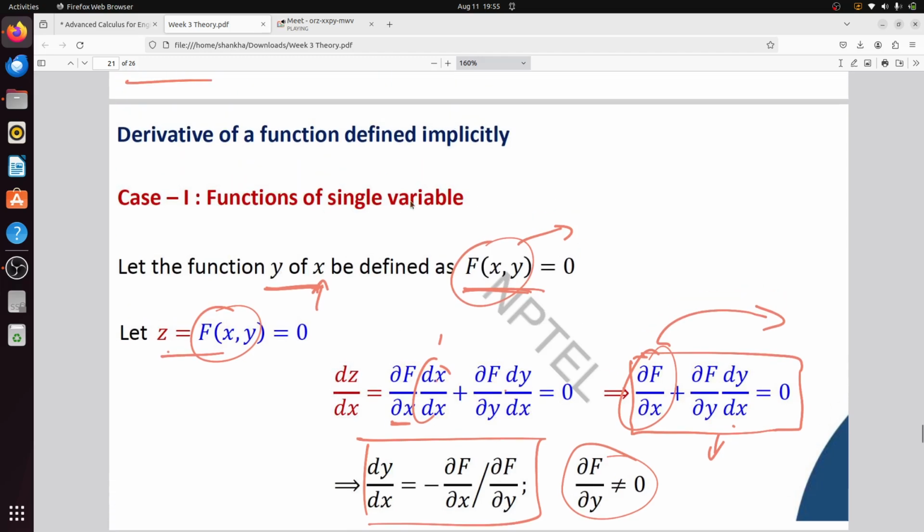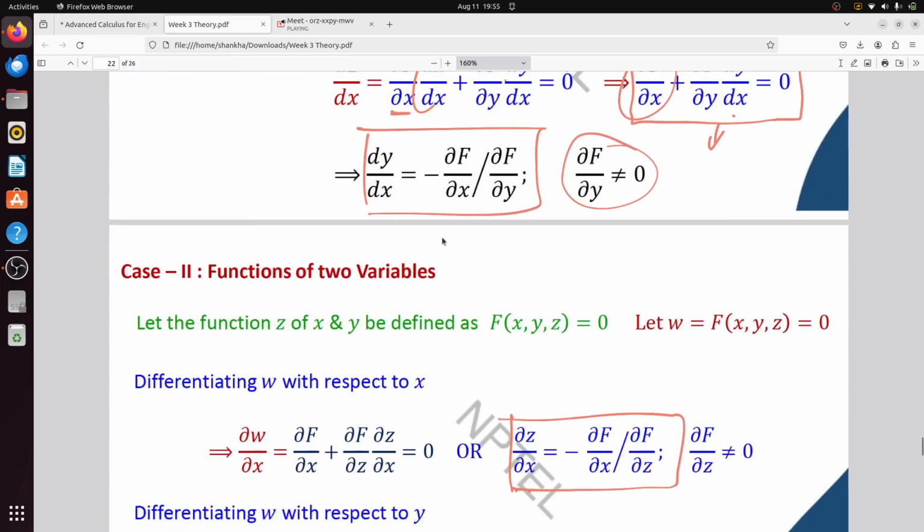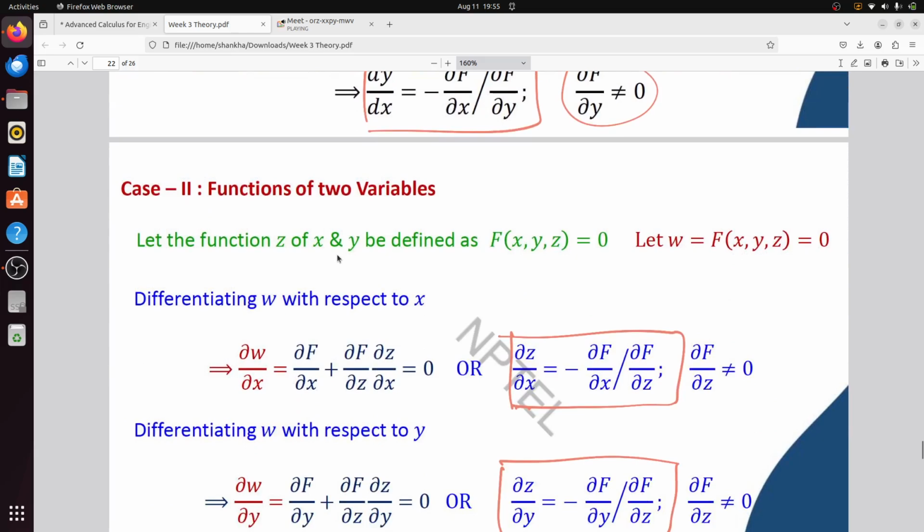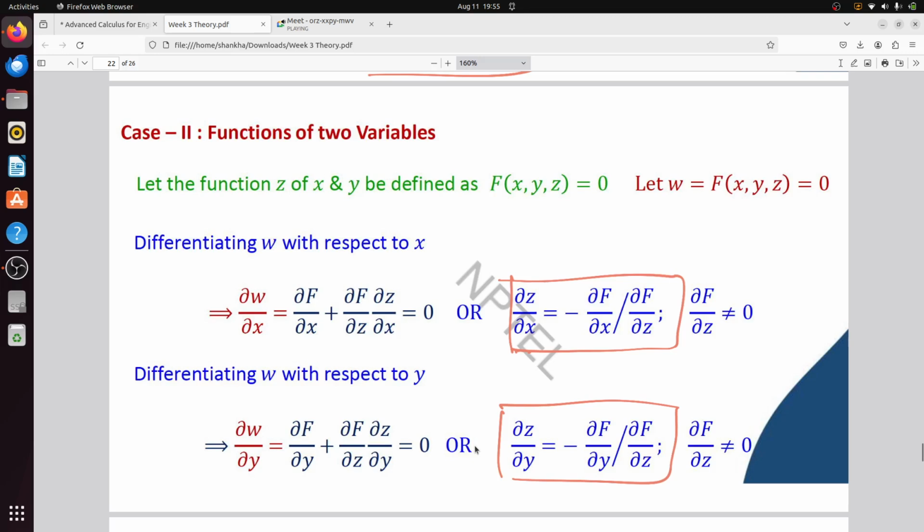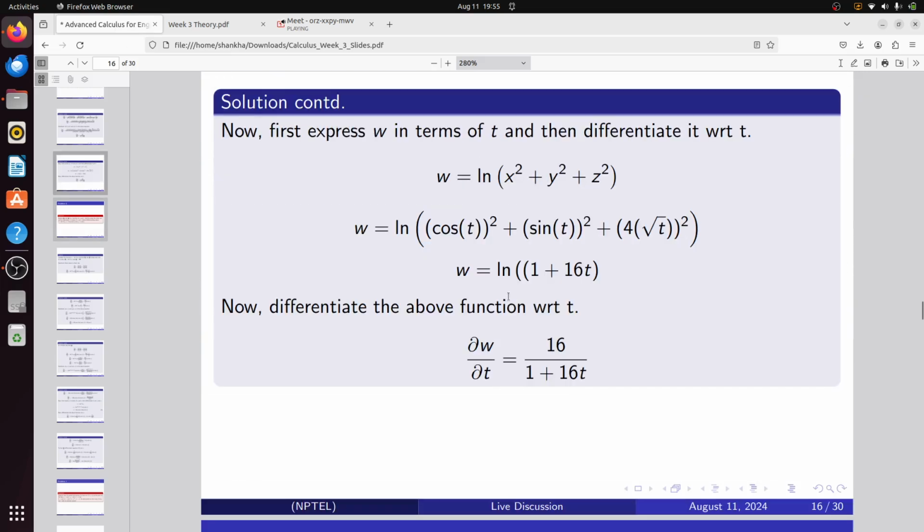So this is the derivative of a function defined implicitly, a function of a single variable, right? For a function of two variables, let the function z of x and y be defined as f(x,y,z) equals 0. You have w, right? del w del x is del f del x plus del f del z del z del x equals 0. Similarly del w del y is del f del y plus del f del z del z del y equals 0. This is how you can determine del z del x and del z del y. I have discussed these problems already, right? These are the problems and this is the necessary theory.